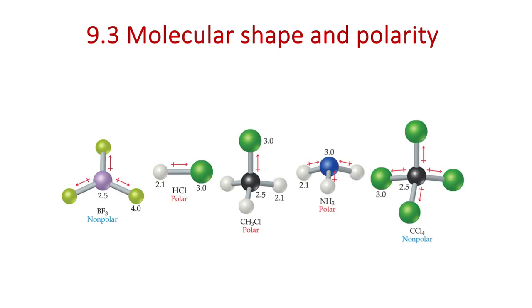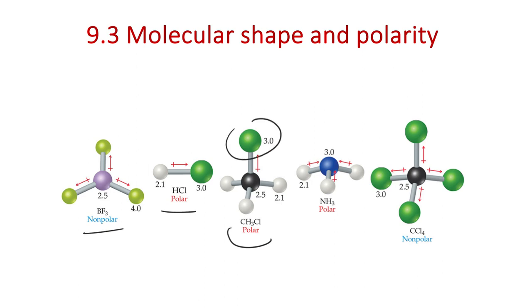So the slide I was mentioning, I'm just going through a few different types of geometries. BF3 is nonpolar, all the bonds canceling each other out because we're trigonal planar. So you have to think of the shape of the molecule. Linear or diatomic molecules are easy. For a diatomic molecule, two atoms, you just have to have two different atoms bonded together that differ in electronegativity. So the HCl bond is certainly going to be polar. If we have CH3Cl, if we had replaced this with another H, it would have been nonpolar.